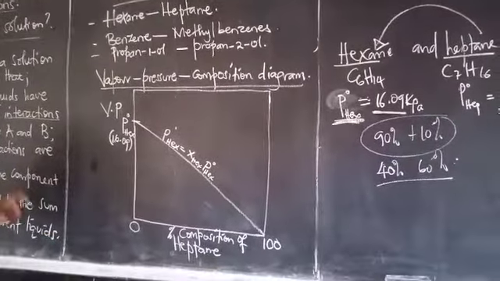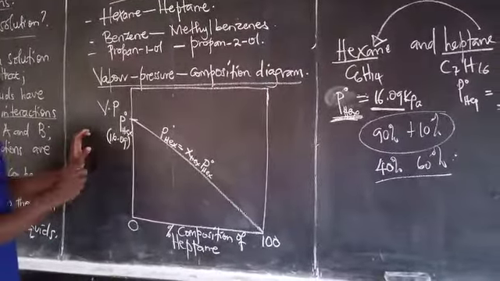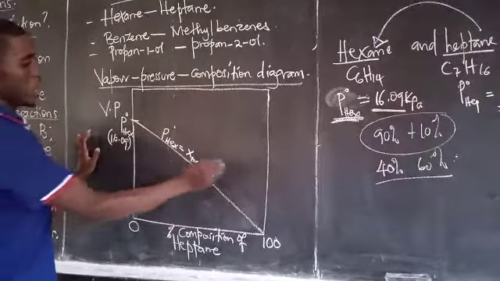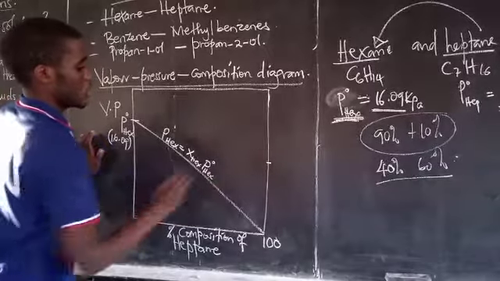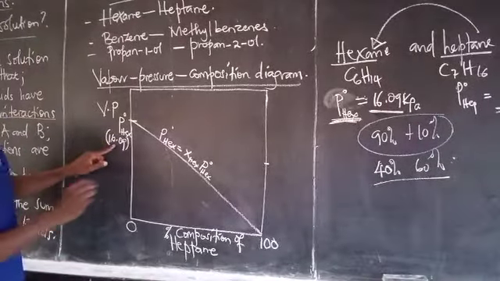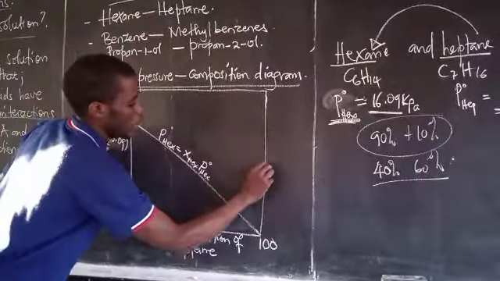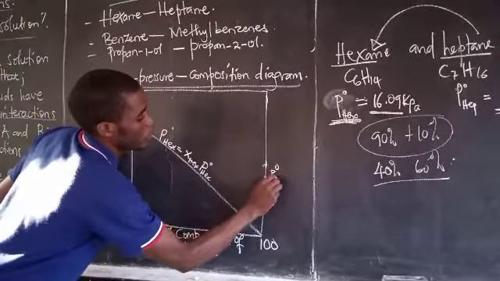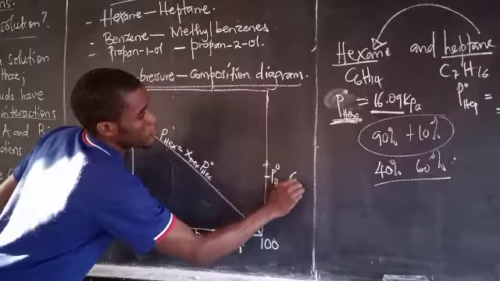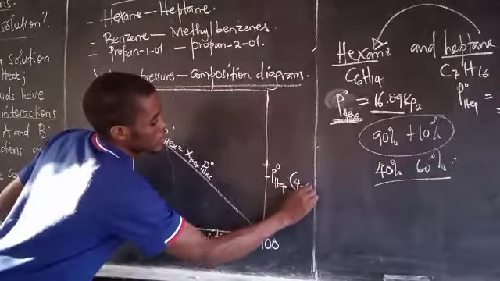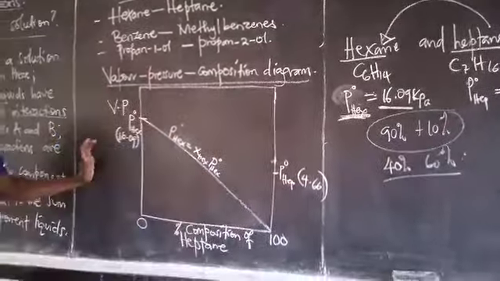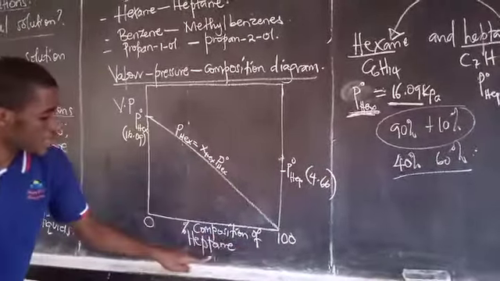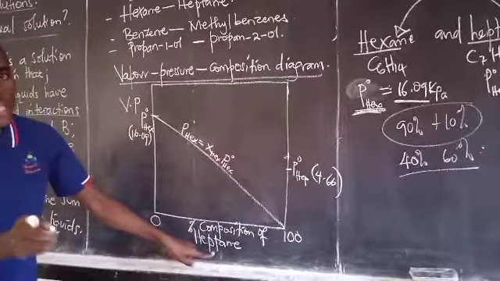Likewise, when you are talking about heptane, heptane has vapor pressure which is slightly lower than 16.09. In fact, much lower. We can consider that to be P naught of heptane, which is 4.66. Also, when you have 100% heptane, hexane is 0.